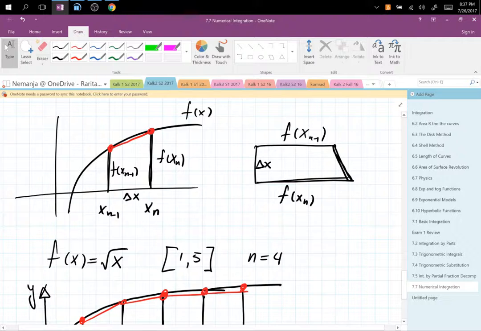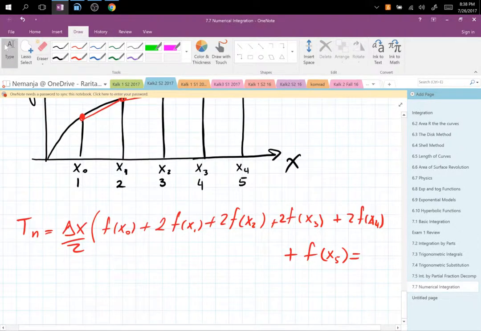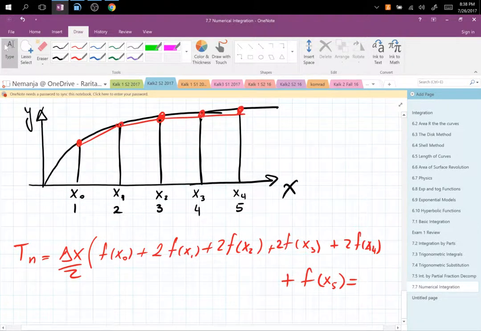So average of the sides, in this case, is f of xn minus 1 plus f of xn divided by 2. So this would be the average. And then I multiply that by delta x to get the area. So this is where these 2's come from. So what I have is, these are all the averages, and over here you have delta x over 2. So times delta x for the area, and over 2 is from the formula from trapezoid, where you take the difference. Yes? What happens to that 2f of x5?